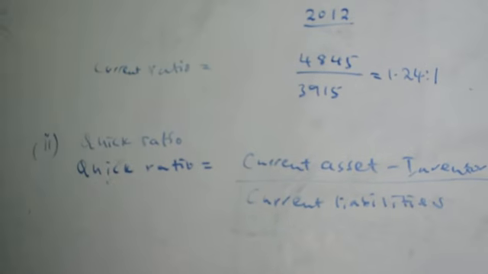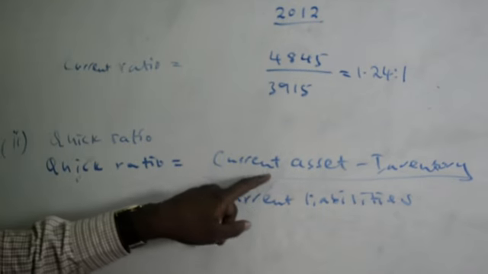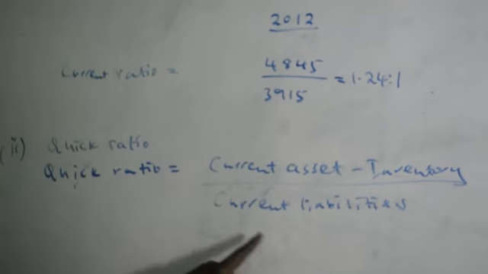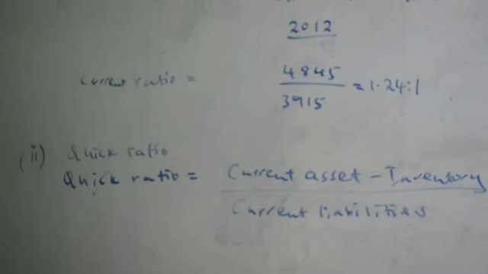So that is how we get quick ratio. Current assets minus inventory, divided by current liabilities.